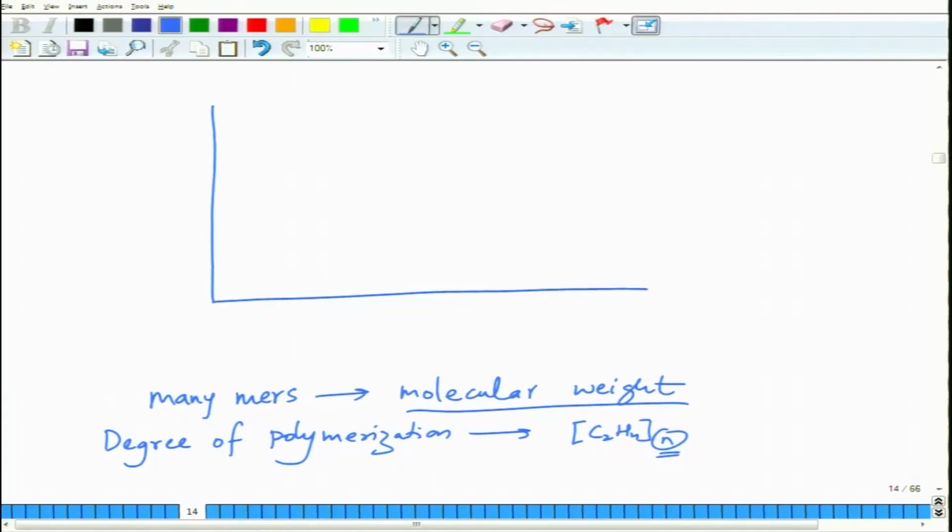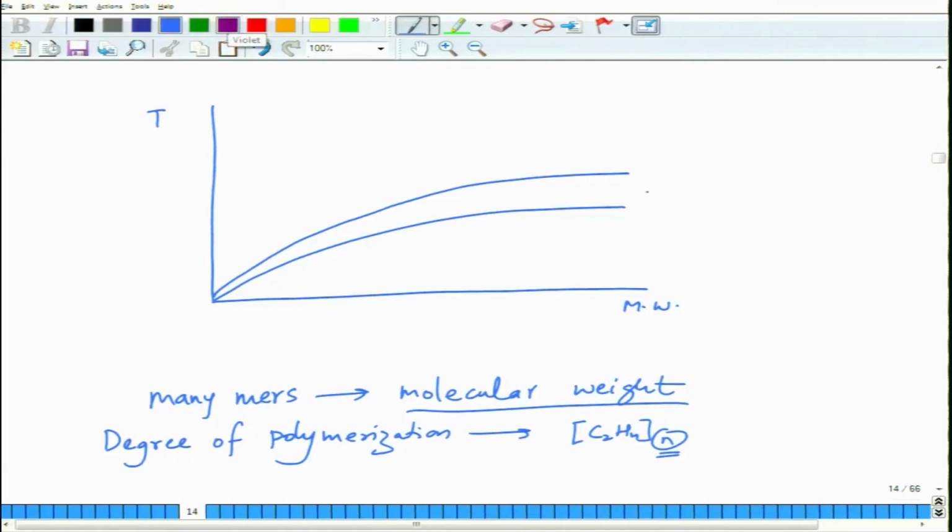So, if I plot, for example, temperature as a function of molecular weight of polymers, generally they have a behavior which is like this. Okay, let us say this is Tg, and Tm, the melting point, is slightly higher. So, we can basically divide this into various regions.